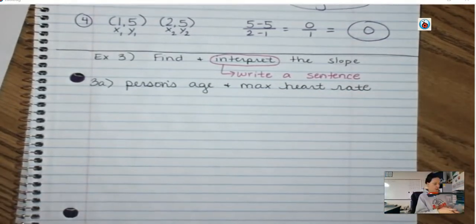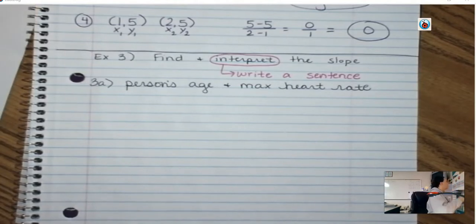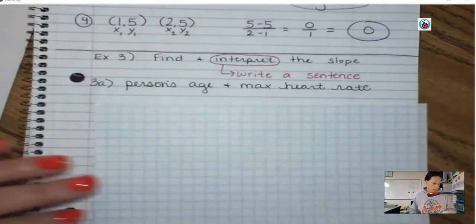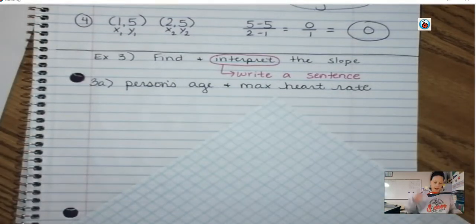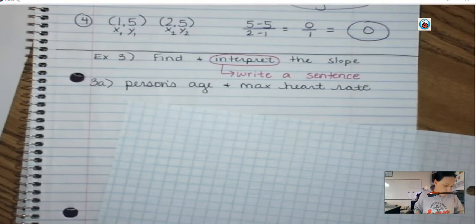We're going to need some graph paper, so grab some graph paper for me. Your y-axis, when you make this, it needs to go 1, 2, 3, 4, 5, 6, 7, 8.